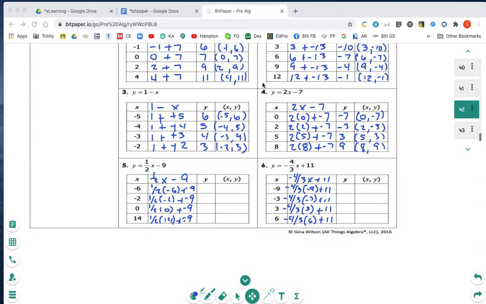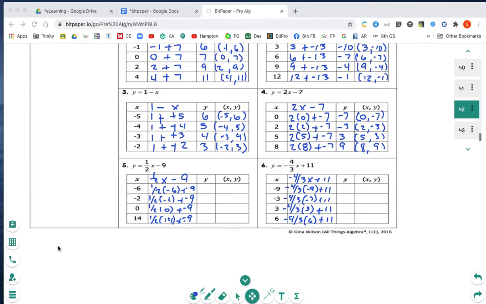All right, and this one, now we're multiplying 1/2 times our x, and then we're subtracting 9. So we're going to take our value of x and put it in. We're going to multiply it times 1/2, and then we're going to add negative 9.